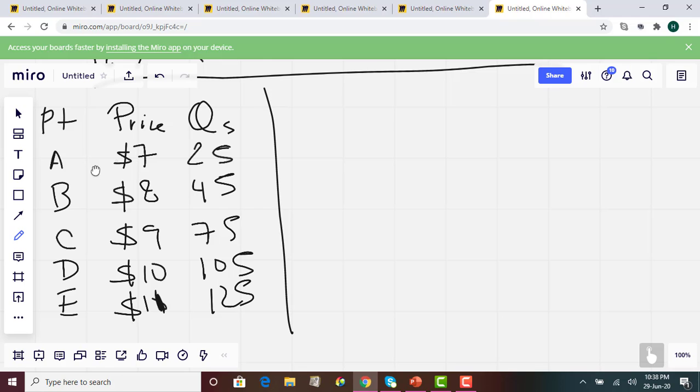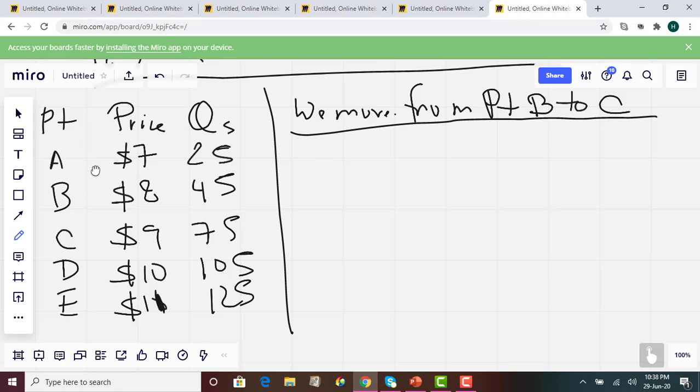Now let's say we move from point B to point C. What is your price elasticity of supply using the percentage method?